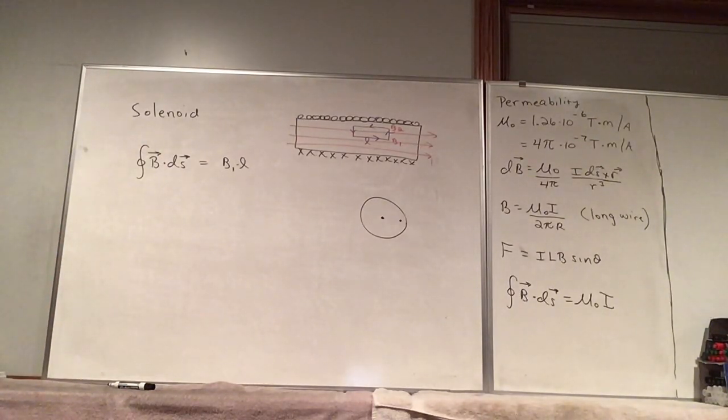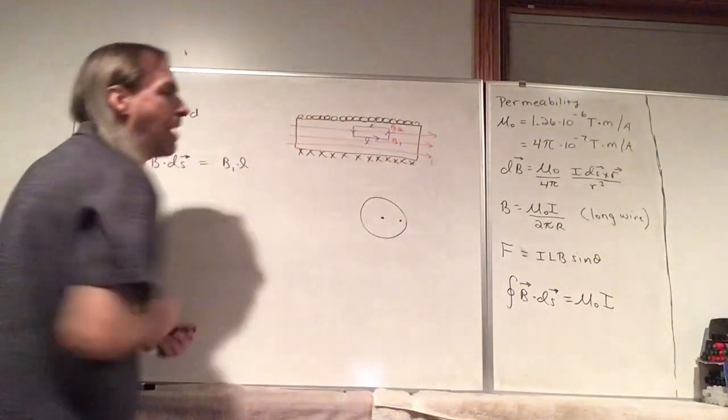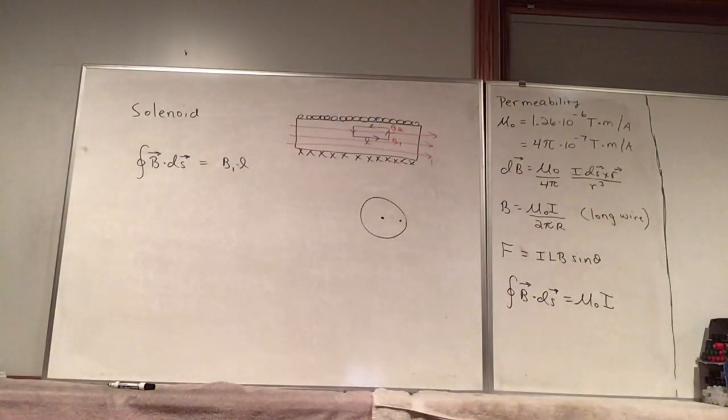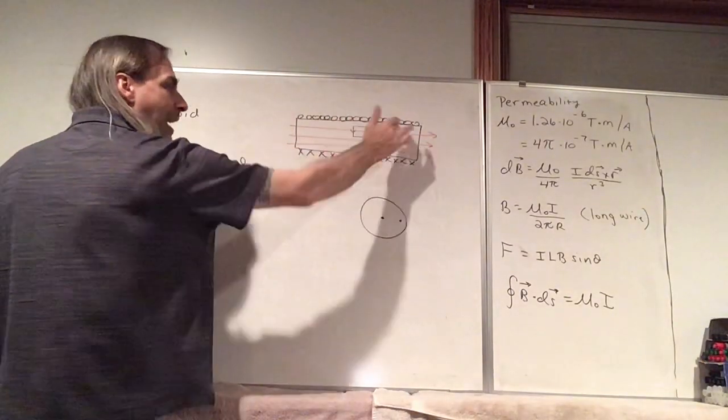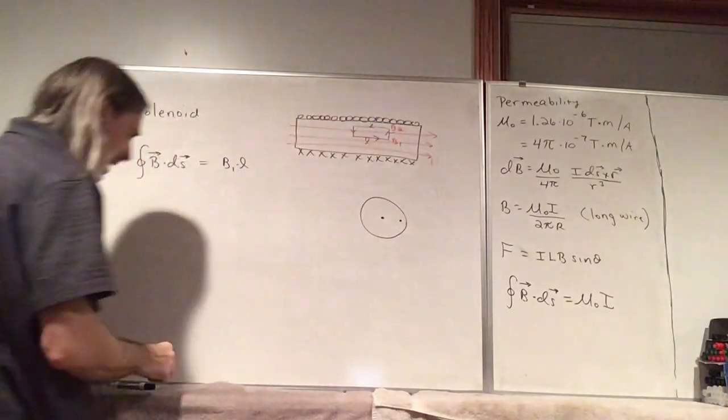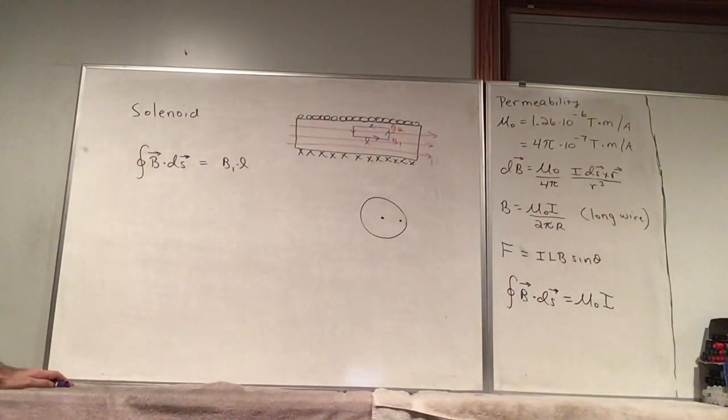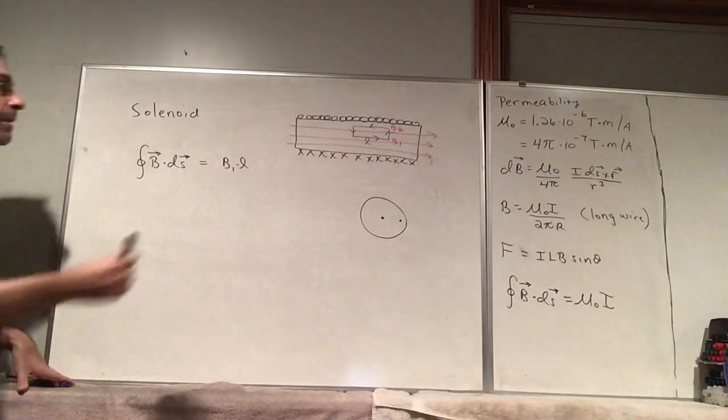And because the magnetic field is constant along this line segment, we can take it out of the integral. So we just get B1 times L. Then along this upper line, the magnetic field is to the right and the direction we're integrating is to the left, so we get a minus sign, but otherwise it's the same.